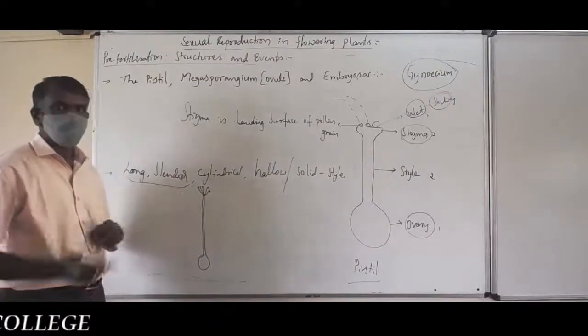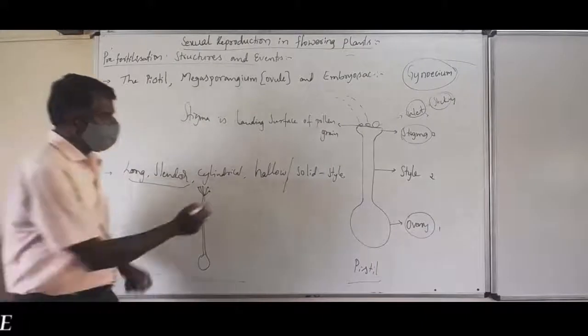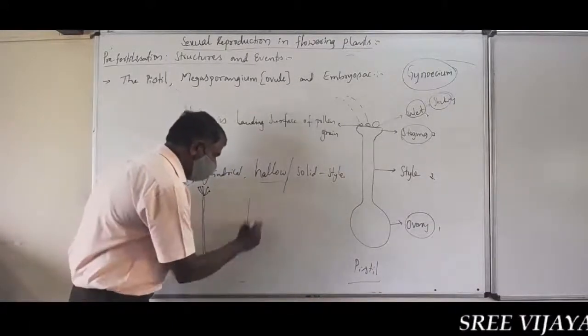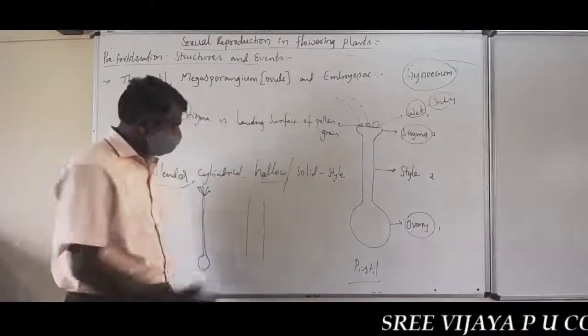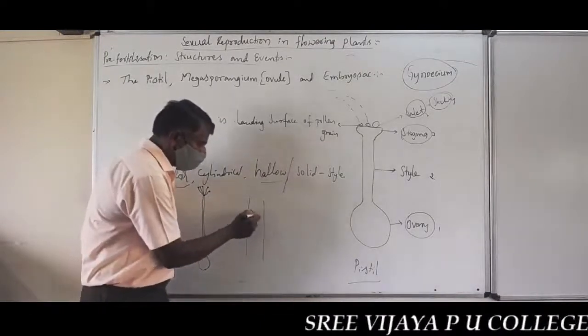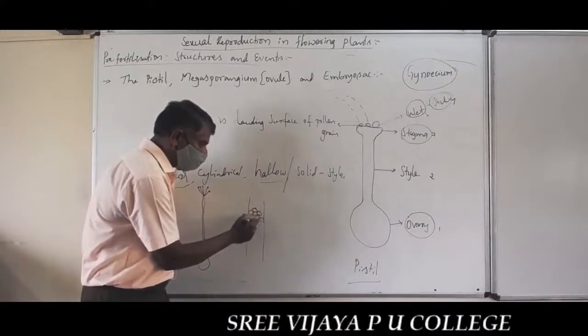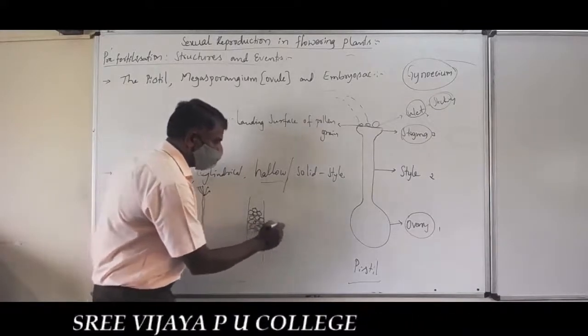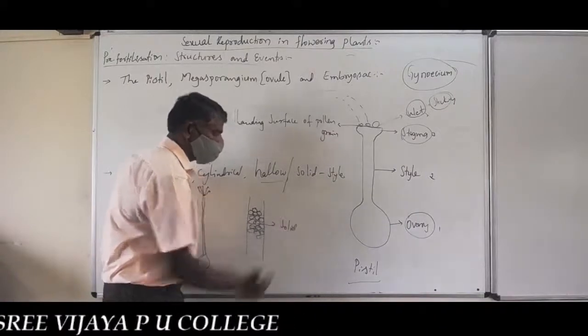Slender, either hollow or solid. Hollow means there are the walls of the style. If in between these two walls the tissue is fully present, then it is called solid in nature.